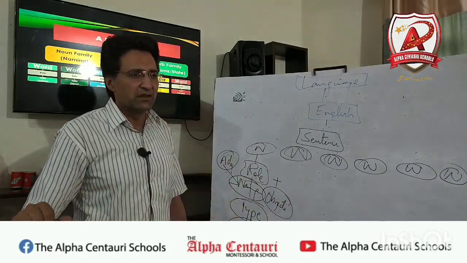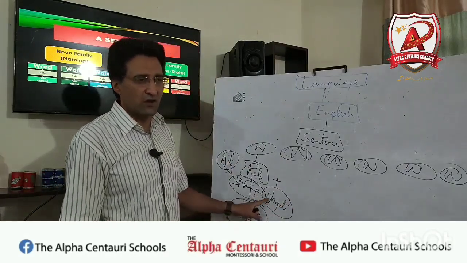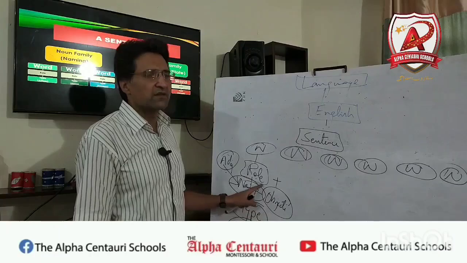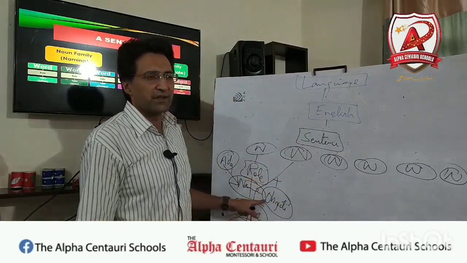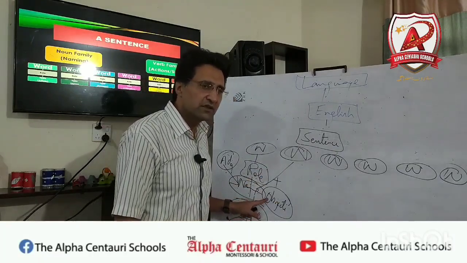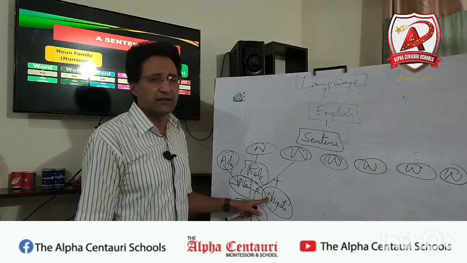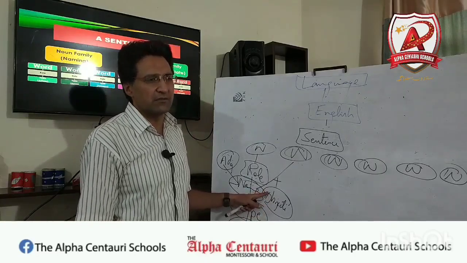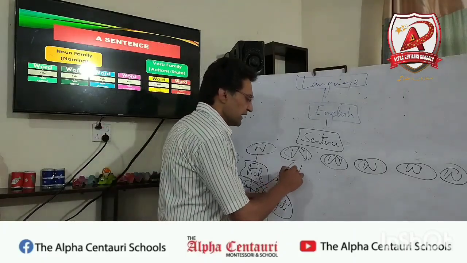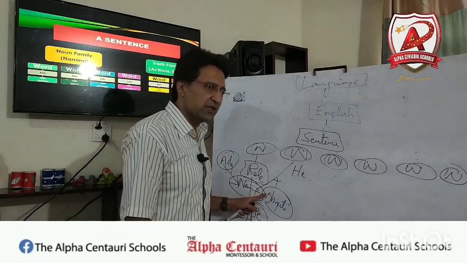Am I clear? So whenever you are not using some noun for a certain object, instead of noun you are using some other word. For example, what was a noun? Boy. Now you don't want to repeat boy, boy, boy all the time. Now you are using he. For the girl you are using she.